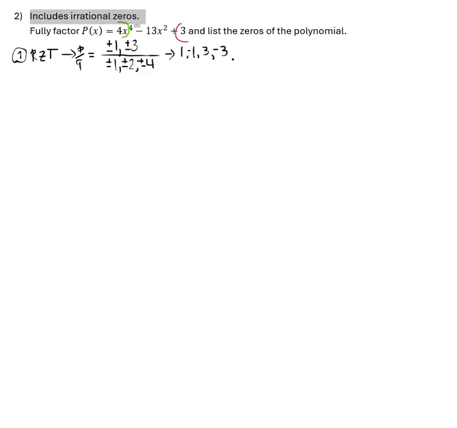Everything else from here on out is fractions, but I'm not going to let it scare me. I'm just going to keep using the process. So it's going to be a 1 over 2 positive, and I'll also need a 1 over 2 negative. Then I will need a 3 over 2 positive, and a 3 over 2 negative.